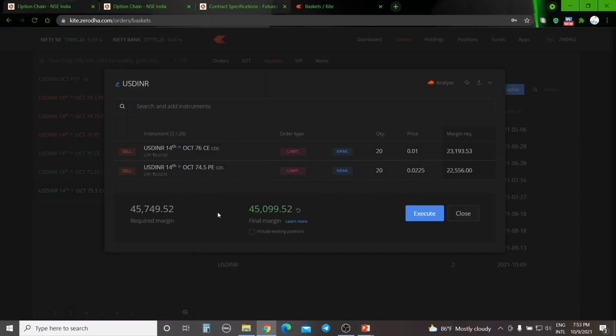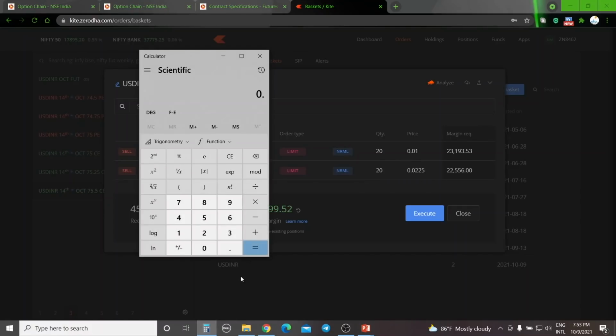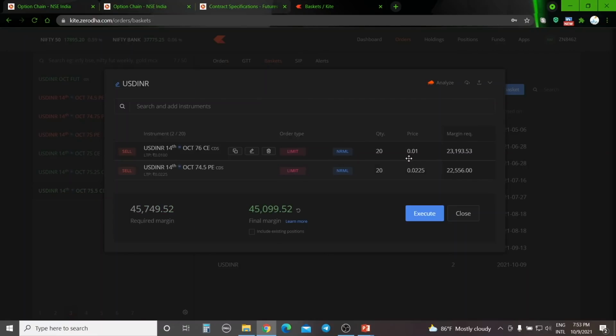Here you will be having some margin benefit. So this is a short strangle. In the short strangle, what you are getting as a premium is, for 20 contracts, 100 rupees. So 1 paisa means 0.01 multiplied by 20 multiplied by 1000. So you are getting about 200 rupees.